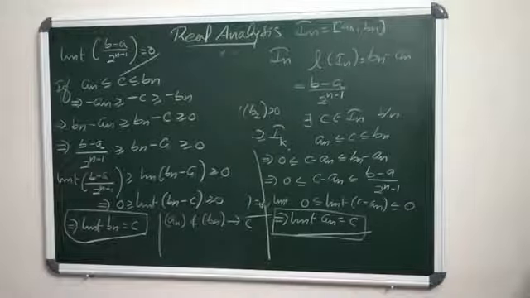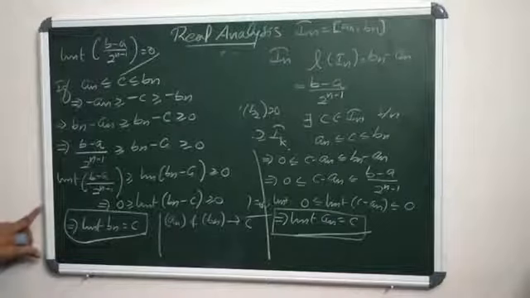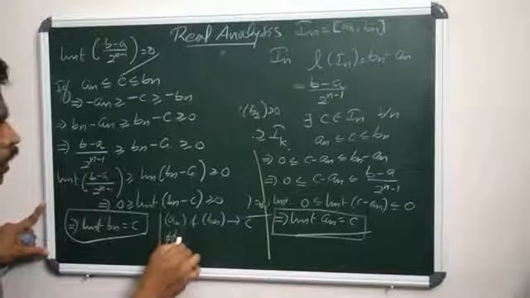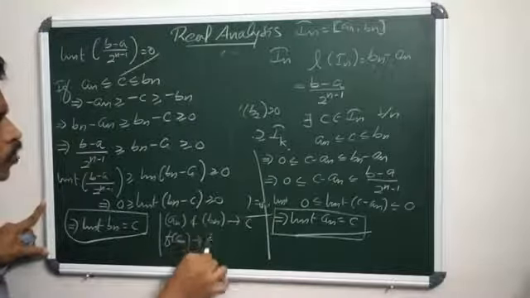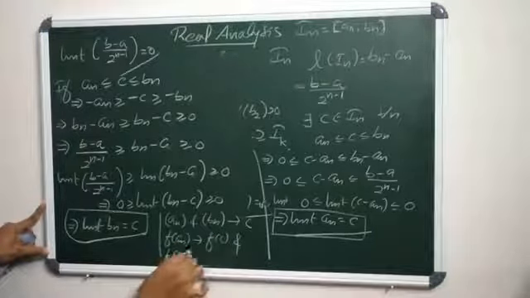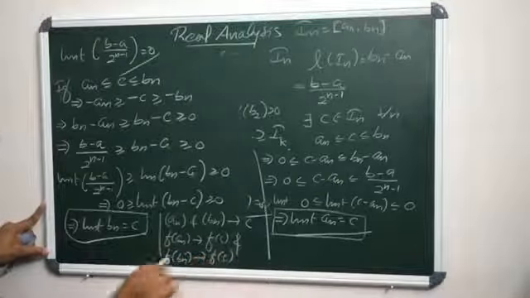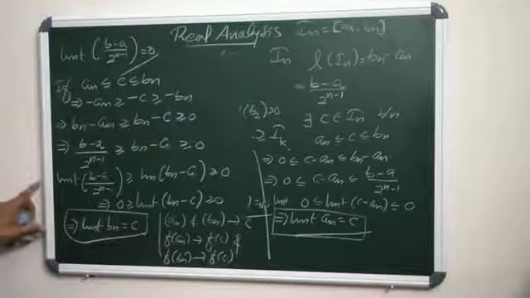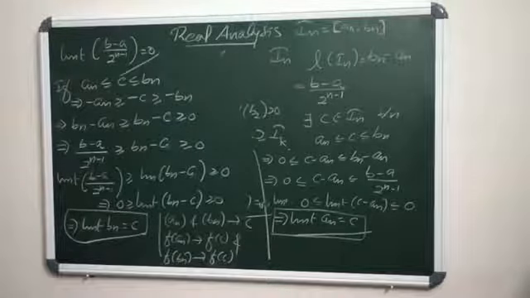What is f? F is continuous on I, where I is the closed interval [a, b]. Since f is continuous on I, f of An converges to f of C, and f of Bn also converges to f of C. But what is f of An?